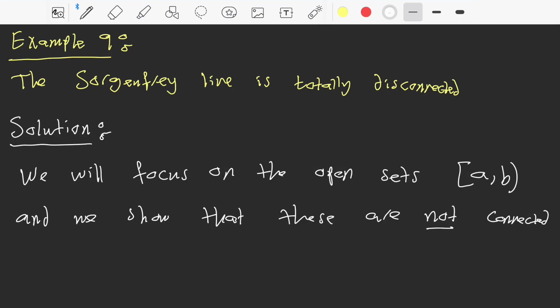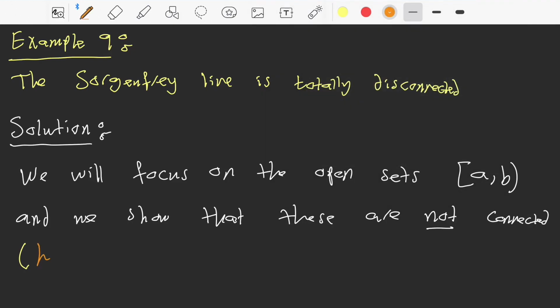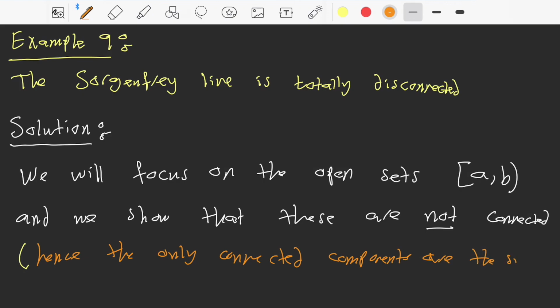Well, if we show that these are not connected, why will this help me to prove what I need to prove? It is because it will give me that the only connected components are the singletons.